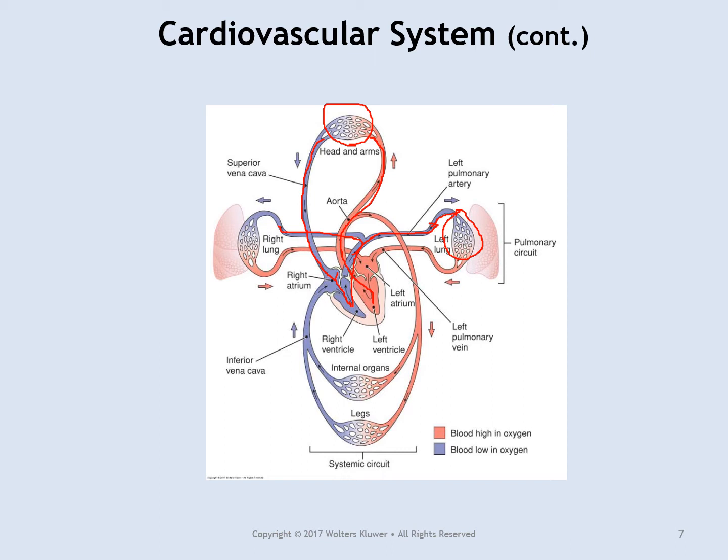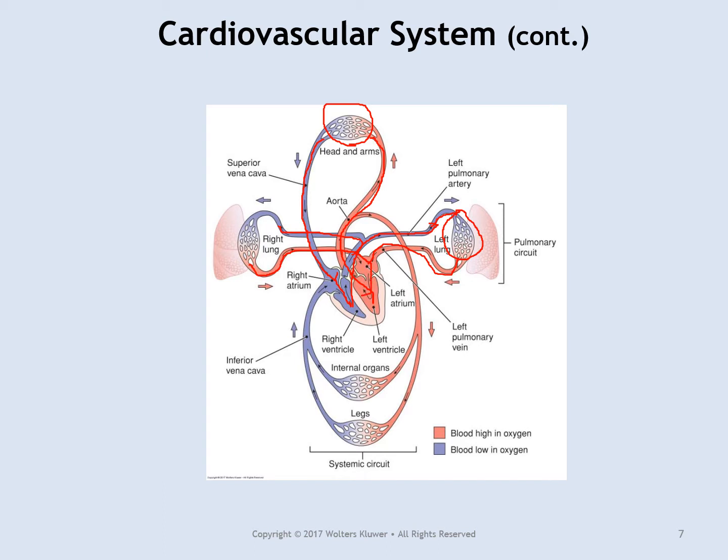Now the freshly oxygenated red blood cell is going to head back into the left atrium from the left pulmonary vein and the right pulmonary vein. Right pulmonary vein will contract, and we're back into the left atrium where we started.